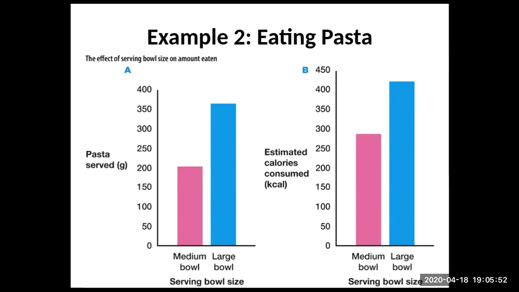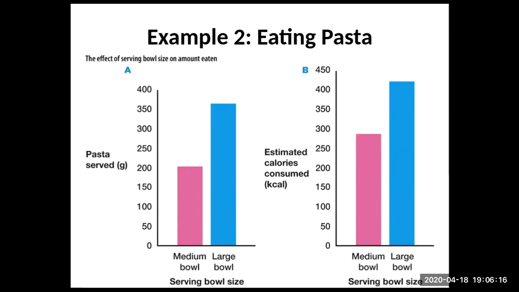Well, we do waste a lot of food in this country. However, we can estimate by how much pasta was left in the bowl, and maybe taking the weight before and the weight after, they could see how many calories were consumed of pasta. So what we see here after, on the right side in B, we still have our medium and large bowl.